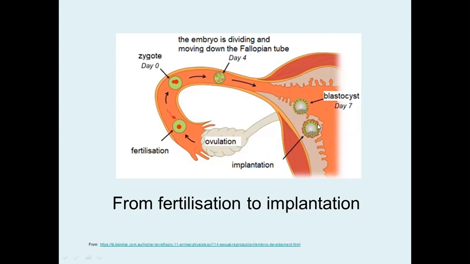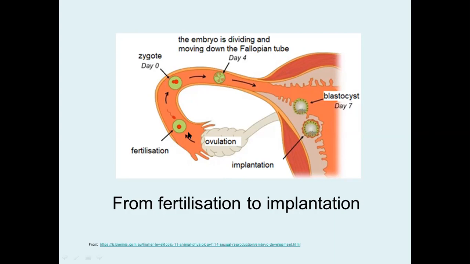And from then on, the female is pregnant, and, well, some people consider pregnancy as starting from there, and some people consider pregnancy as starting from this stage of the game. So from now on, she is gestating the baby. In other words, that little embryo is busy developing in the uterus.